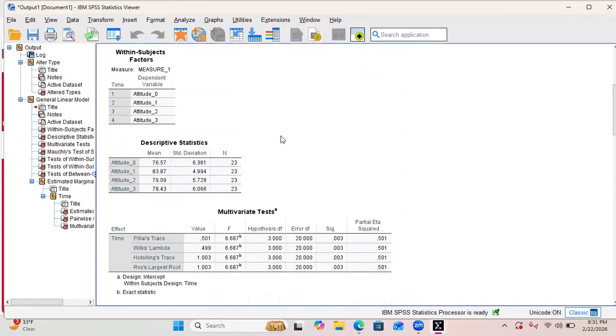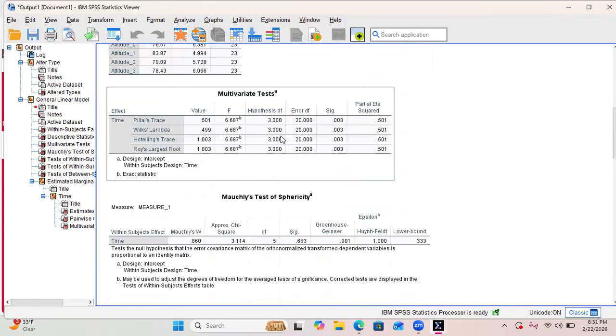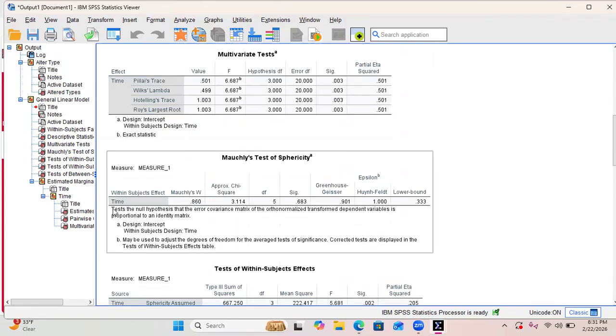Making sure I'm reporting the correct way. Mauchly's test here. Now, that significance was 0.683, which was greater than 0.05. So that's where our assumptions were met.